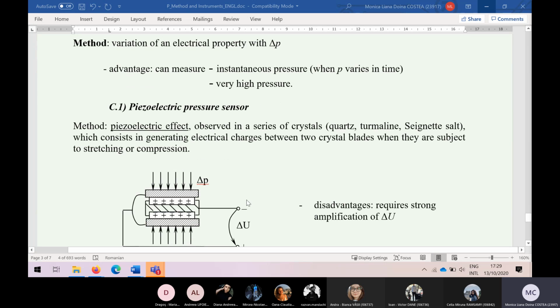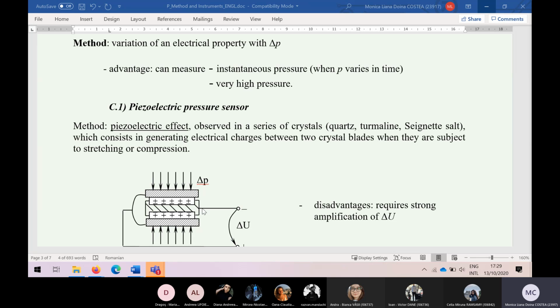Maybe it is a good idea to look here at these two blades of crystal that will polarize, and they are placed in such a way that the sign should be the same for the inner contact place.